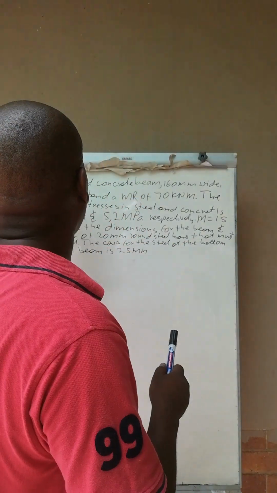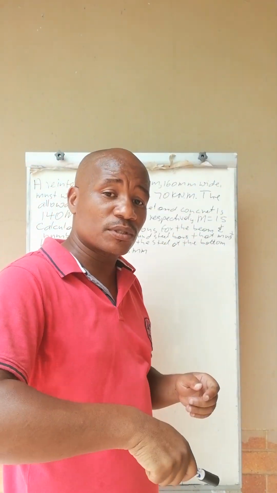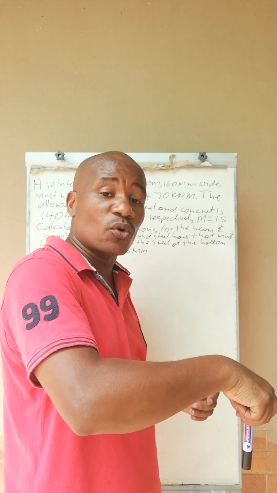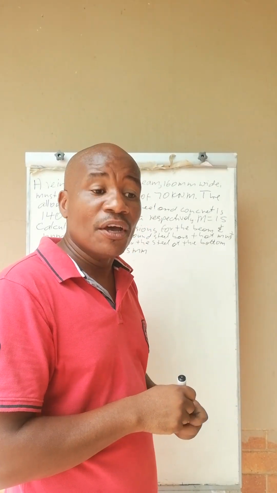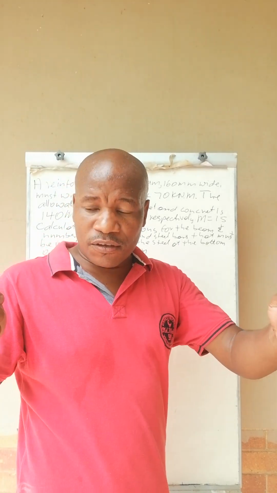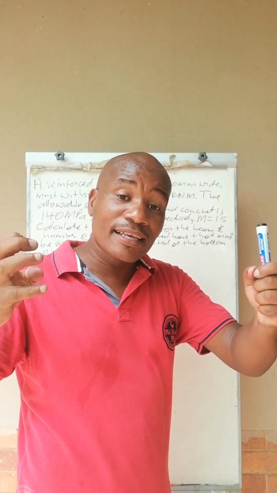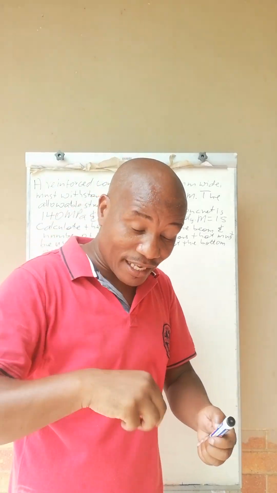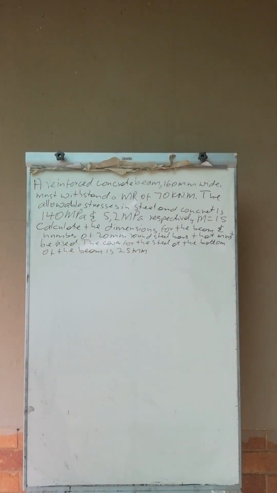You are only given a statement, and from that statement you have to deduce whether this is an economical beam or an uneconomical beam. If on both occasions, steel and concrete, the area is not given, that is an uneconomical beam.